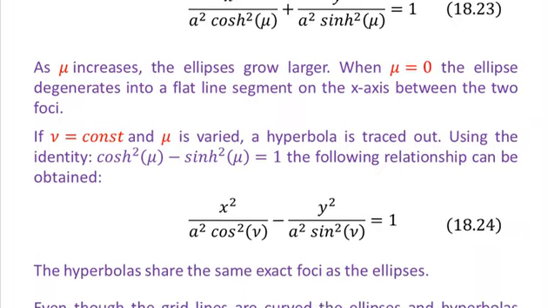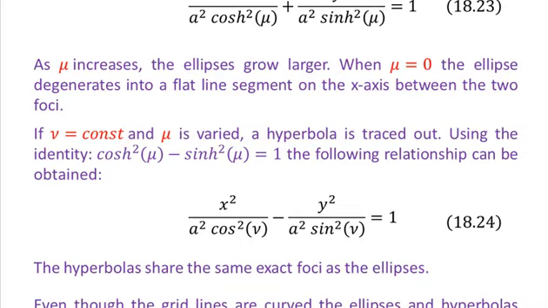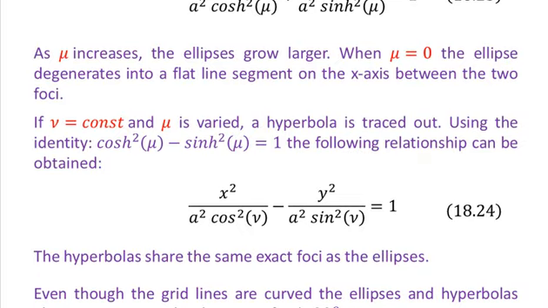If nu is constant and mu is varied, a hyperbola is traced out. Using the identity cosh squared mu minus sinh squared mu is equal to 1, the following relationship can be obtained.